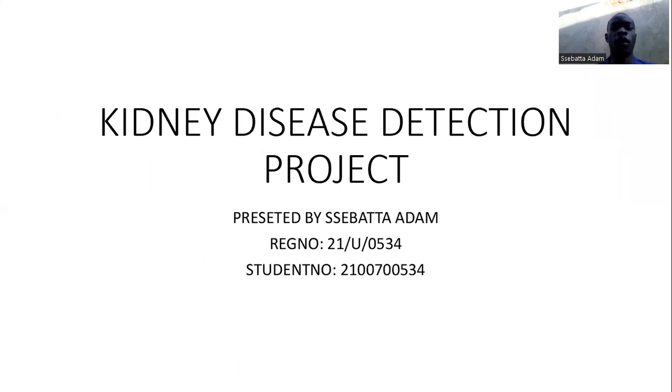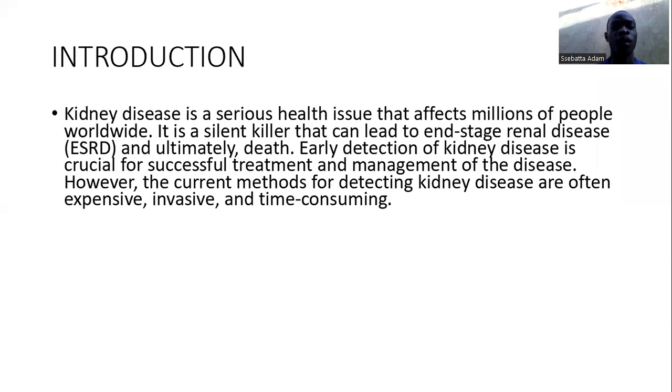As we continue the kidney disease detection project, where we use AI to detect the presence of kidney disease in a patient, if you look at the introduction, kidney disease is a situation when your kidney cannot filter the blood well.